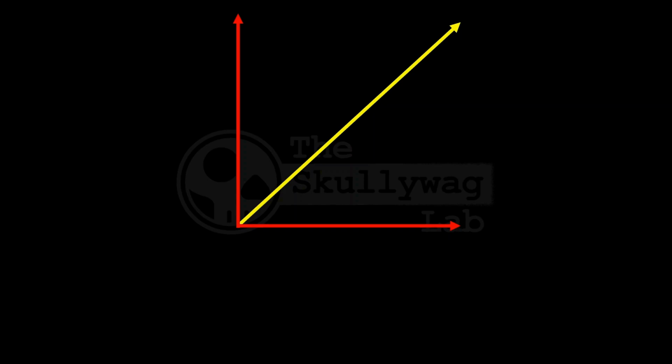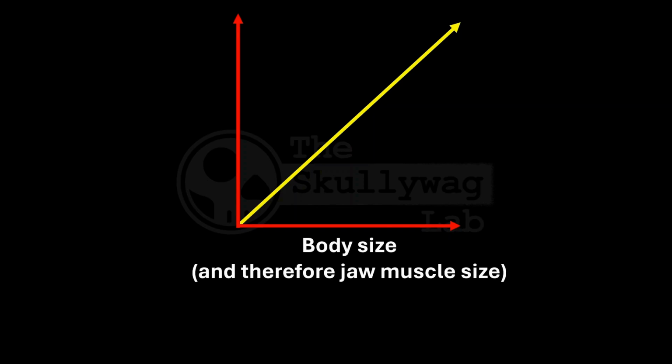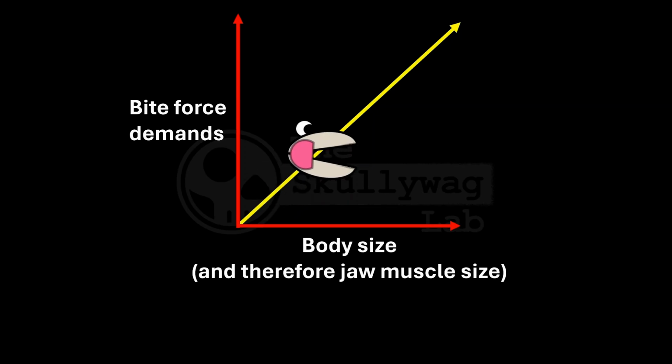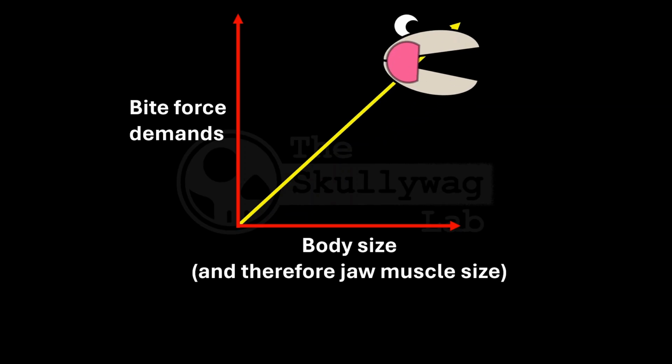The x-axis is how much more muscle force an animal can gain from being bigger. The y-axis is how much bite force is needed for the diet or biting behaviors of the animal, whichever bite force is harder, really. If the amount of bite force needed by a species matches how hard they can bite by simply being larger, there's no need to change the facial proportions. This would be called isometry, because the proportions don't change.